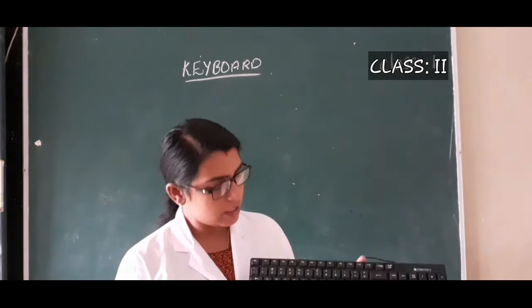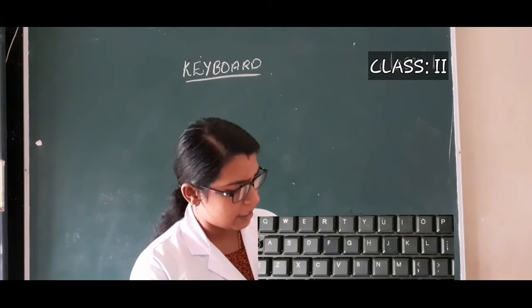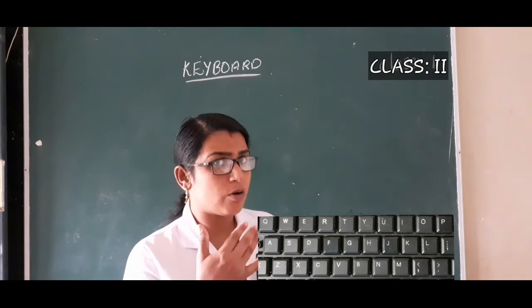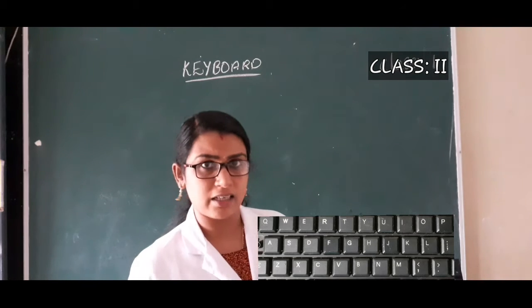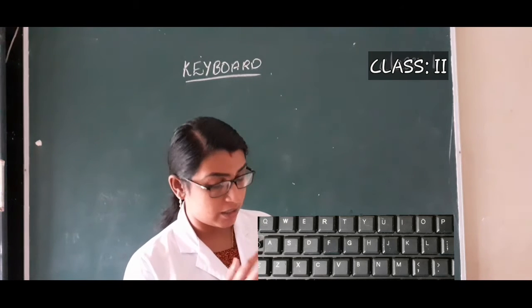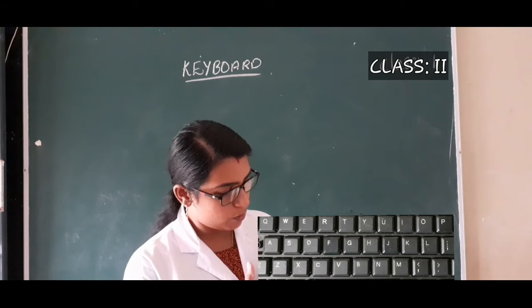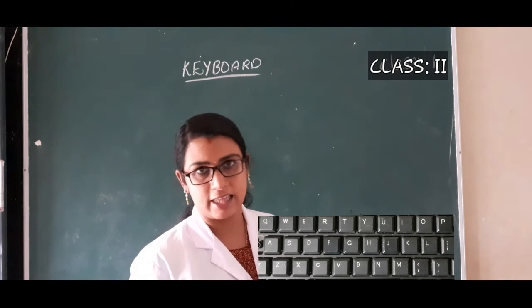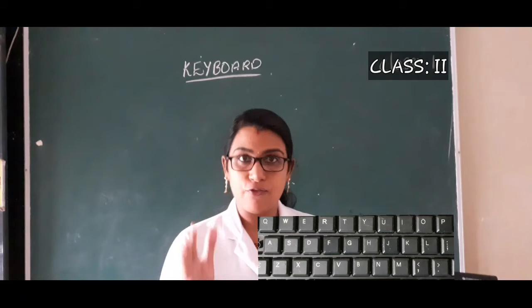But here we can see that the alphabets are not in order. It is not in order like A, B, C, D. The alphabetic keys are given like Q, W, E, R, T, Y, U, I, O, P. It is not in alphabetic order.